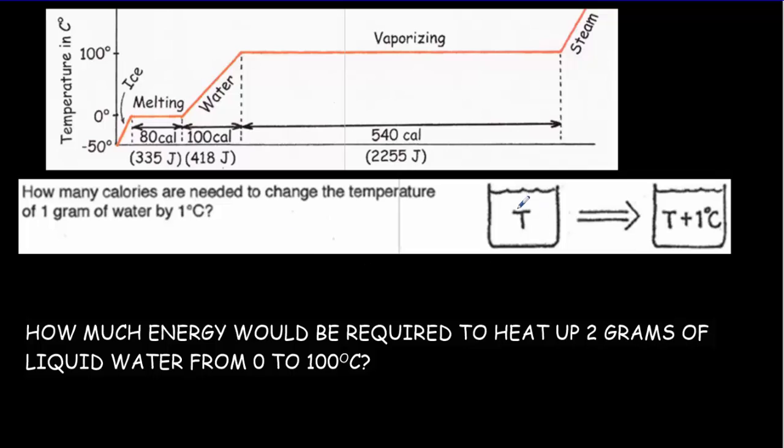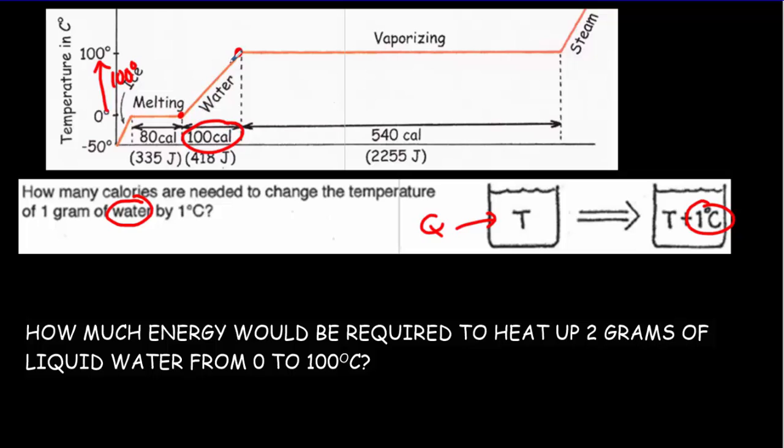In the first question, we're just asking, how much heat do we have to add in order to raise the temperature by 1 degree? And in this case, we're talking about water in the liquid form, so this section of our heating curve. Now, it takes 100 calories to raise by 100 degrees.